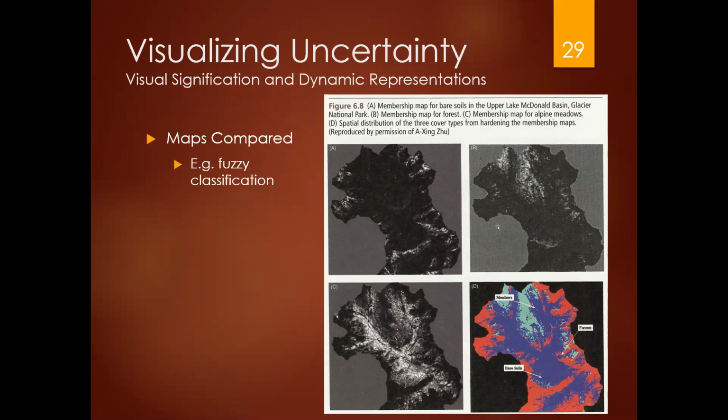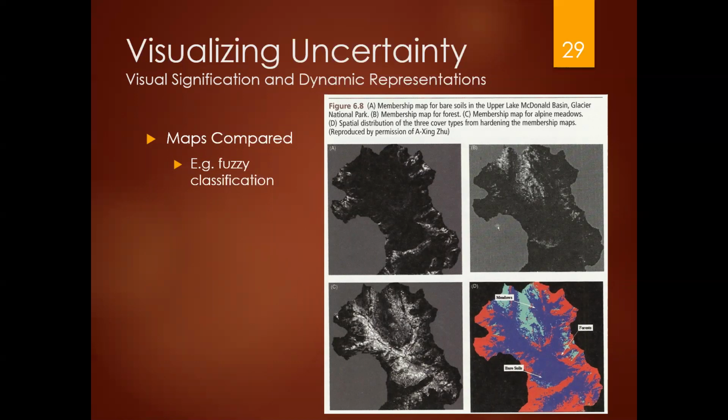For example, if a pixel is given a membership value of 0.9 for forest, it means that this pixel is very likely to be forest, instead of giving a judgment of yes, it is a forest, or no, it is not a pixel for forest.